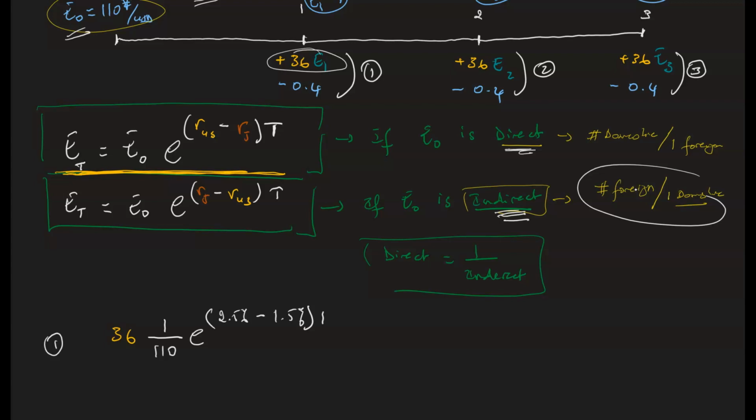And I'm also subtracting 0.4 million. This gives me my first cash flow.